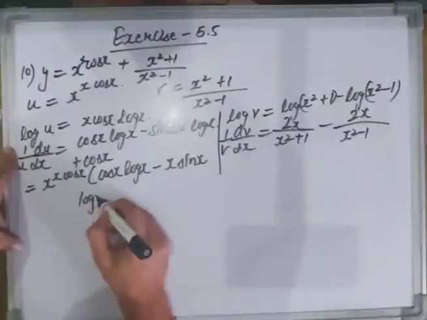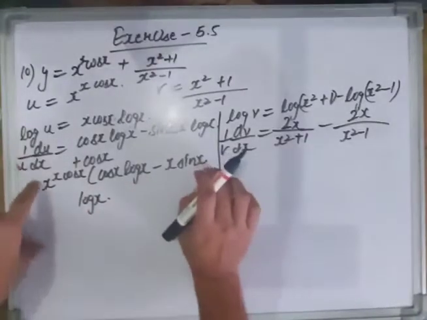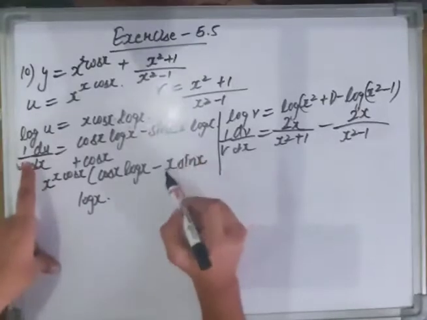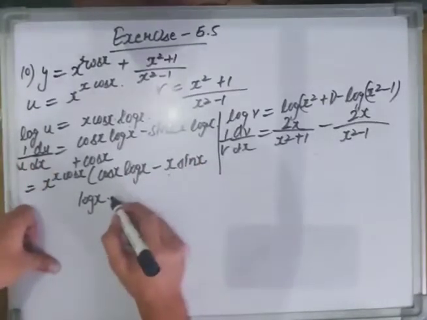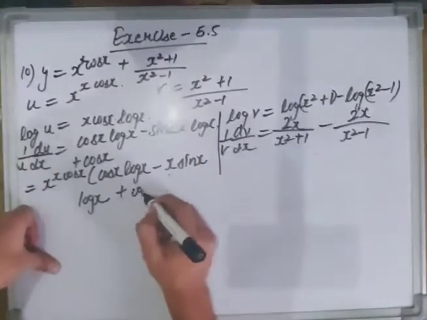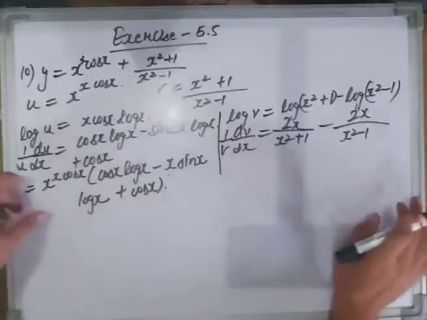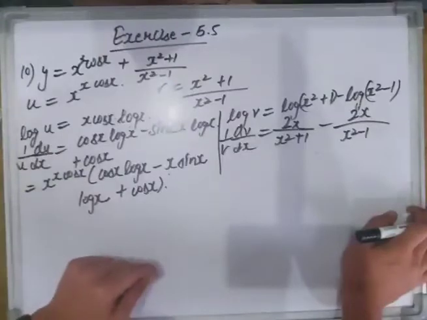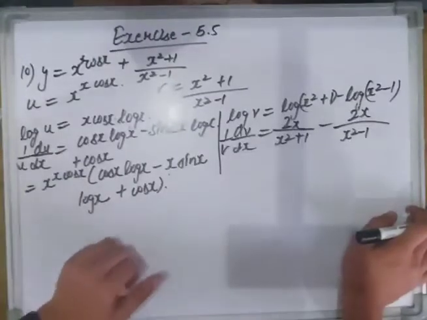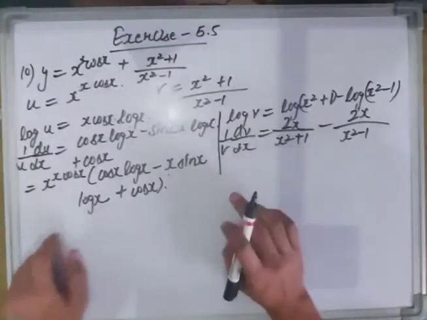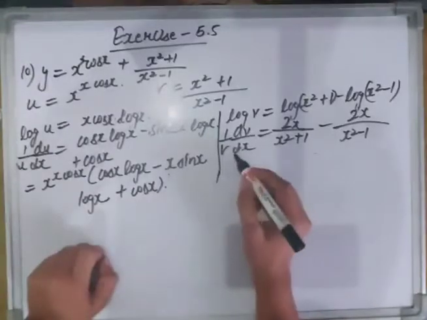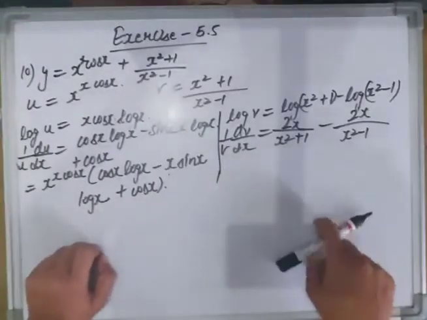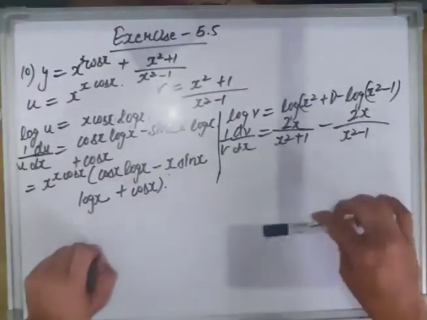Here I have taken this x here. And plus cos x. So what can you take common from these 3 terms? I think nothing. We can't take anything common from these terms, so leave it as it is.